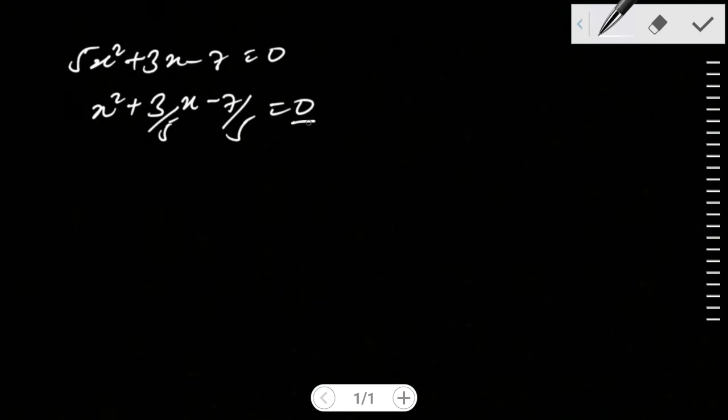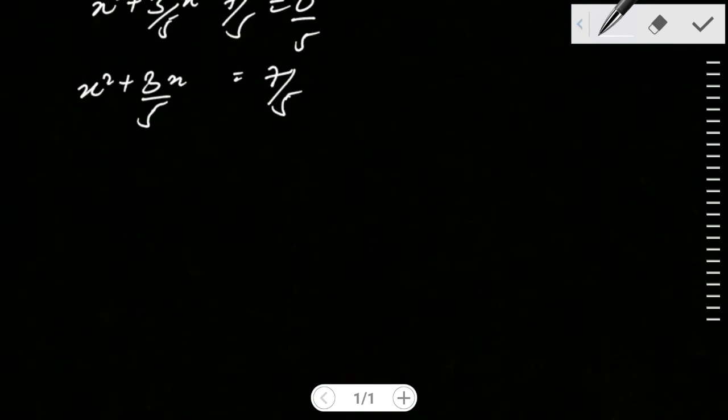You could even divide this by 5, but still you get 0. So x squared plus 3x divided by 5 would equal 7 divided by 5.